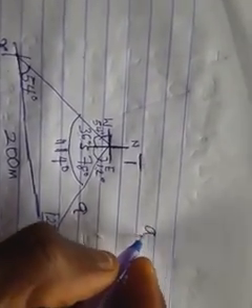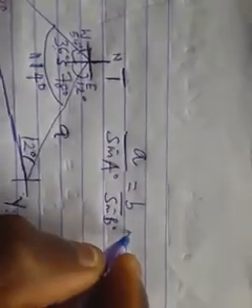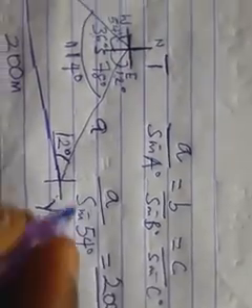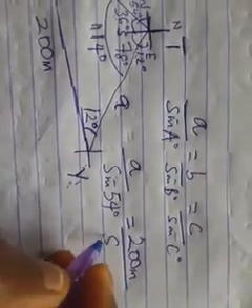I'll just say a over sine A equal to b over sine B equal to c over sine C. Now a here I don't know. a equals, what is the angle opposite a? 54 degrees, which is sine 54 degrees, equal to, I can see that this one is complete, so I'll pick b, which is 200 meters, over sine B, which is sine 114 degrees.